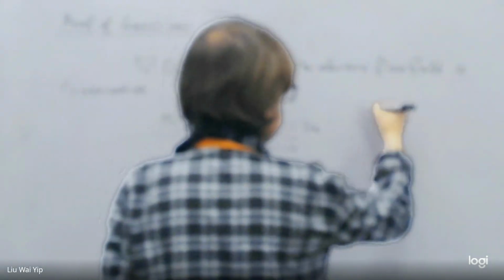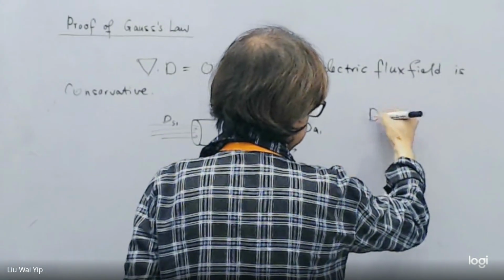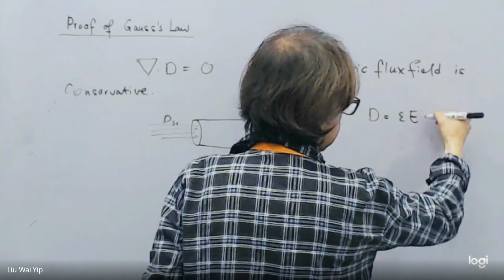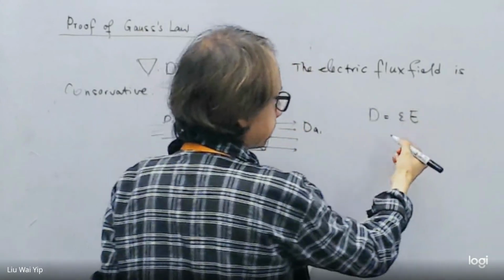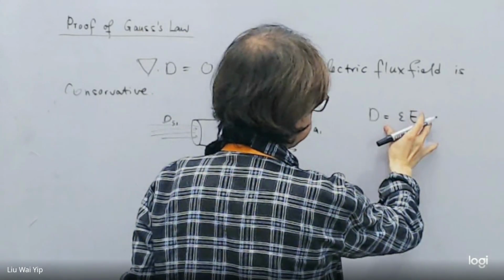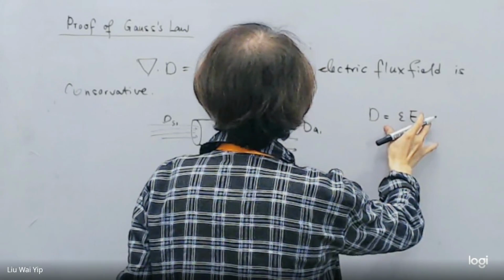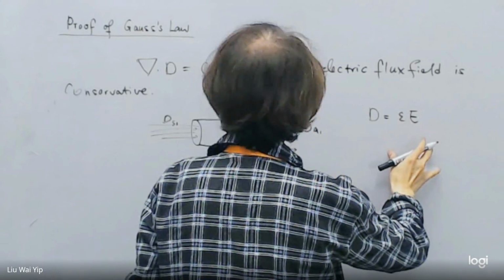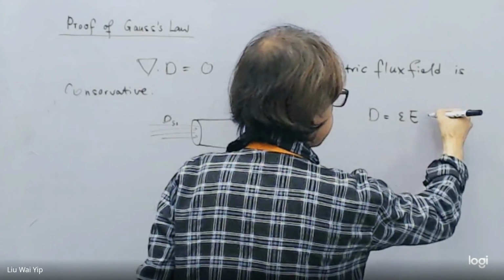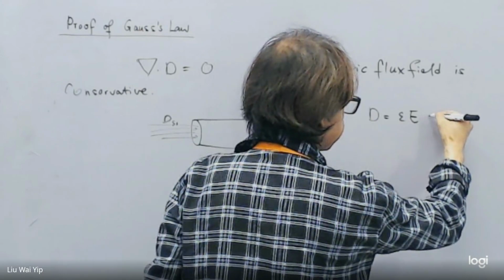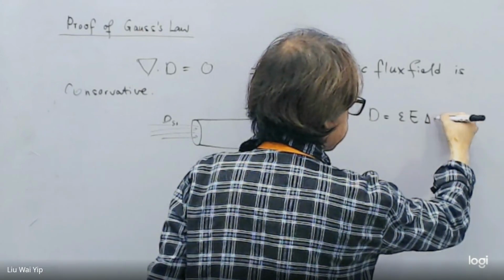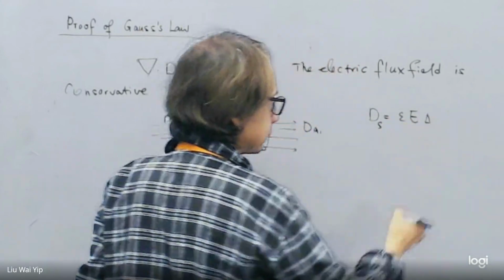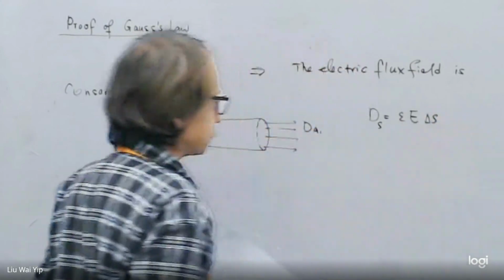D here is equal to the electric flux. And you know the formula, and the area, here it is S. So the area should be like this.